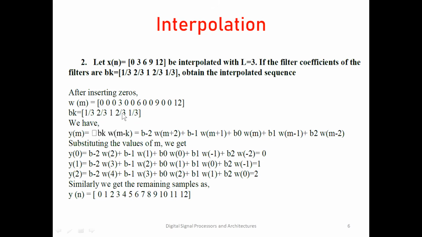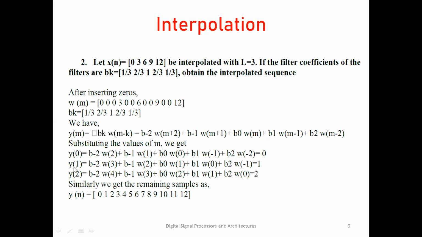These are the filter coefficients given. Depending on the equation Y of M equal to sigma BK W of M minus K, our K value is from minus 2 to plus 2, that is, minus 2, minus 1, 0, 1 and 2. When we start calculating for M equal to 0, Y of 0 we get as 0.